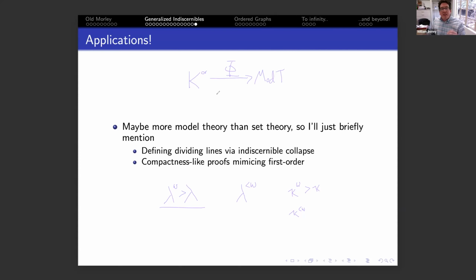And when I have this diagram, one thing I can do is imagine what happens when I forget the linear order and just look at the category of sets.